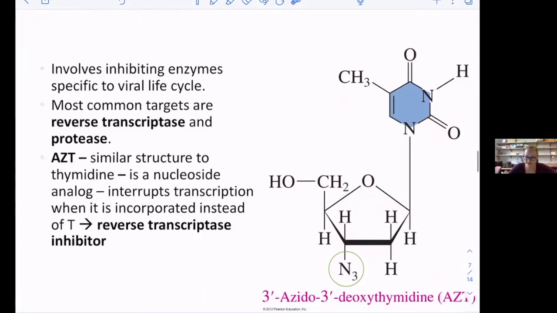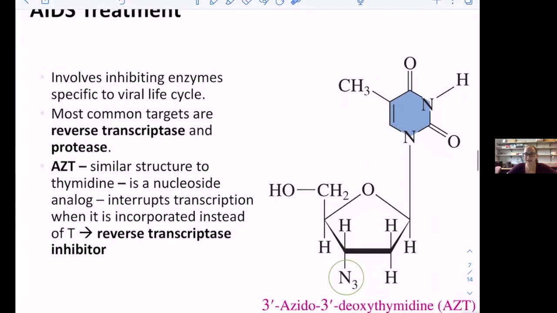So the first thing that you could have as part of a drug to fight AIDS is this kind of molecule here. You notice that it's a nucleoside, right? It doesn't have that phosphate here, but it's not quite a nucleoside in that it has an N3 here. It's called an azide, or if you have it in the middle of a name, an azido group.